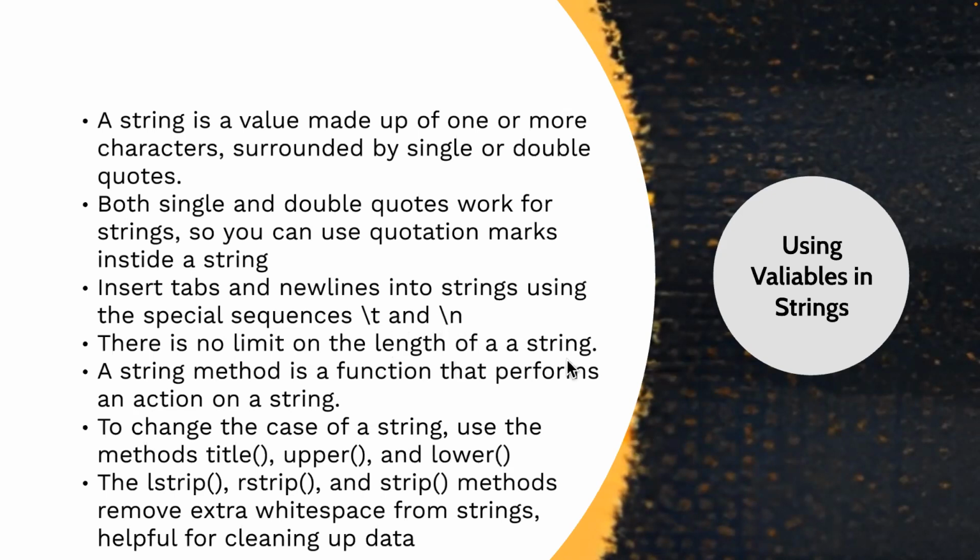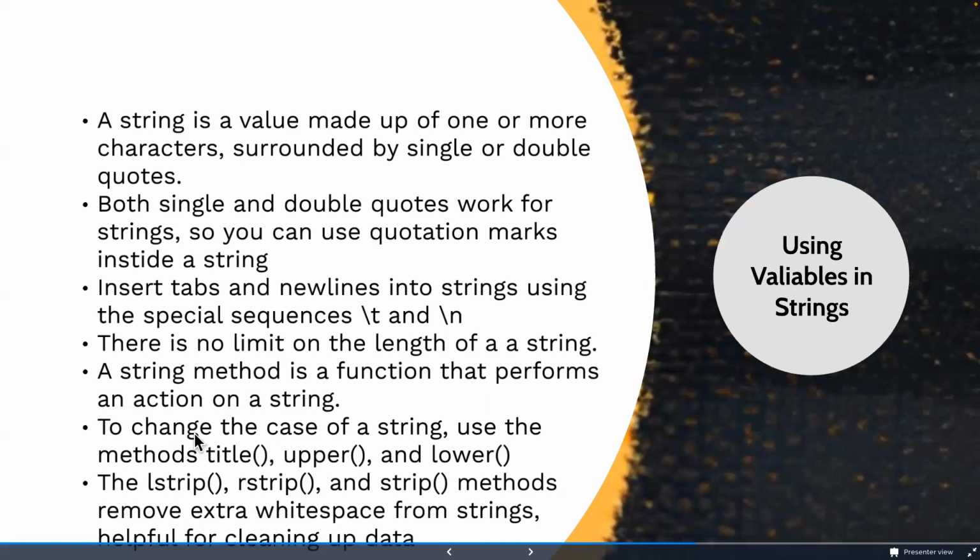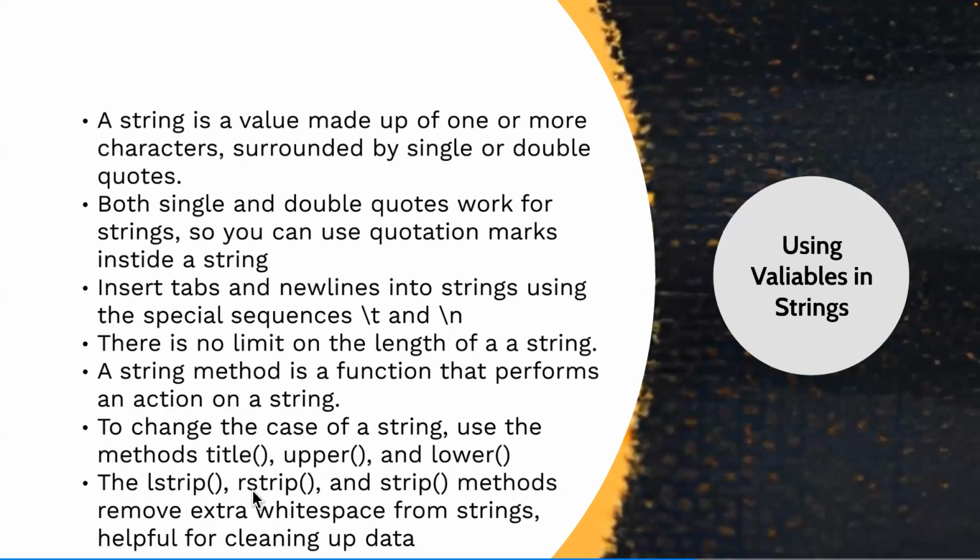There's no limit on the length of a string. And a string method is a function that performs an action to a string. So remember, we can change, for example, and we'll use these examples right now, we'll use title, upper, and lower to go ahead and change some values in the string.